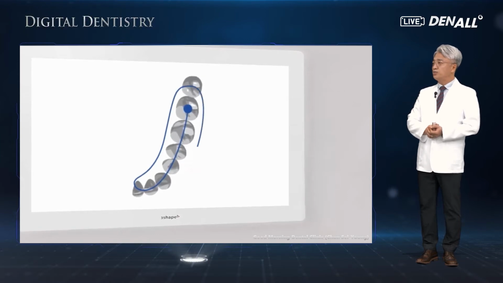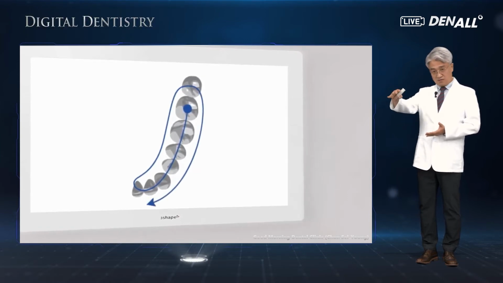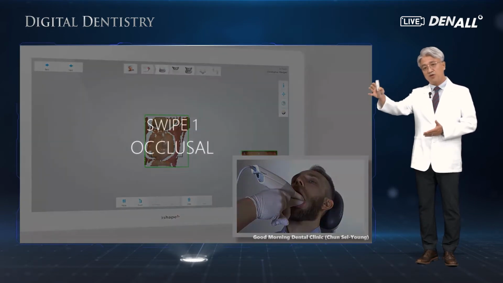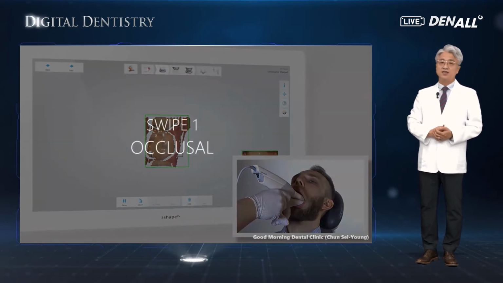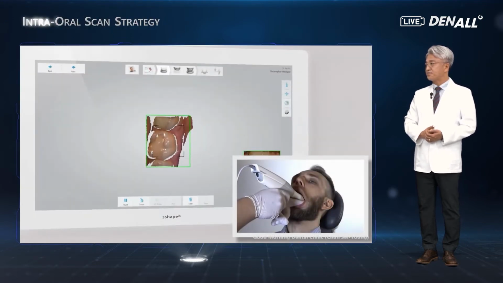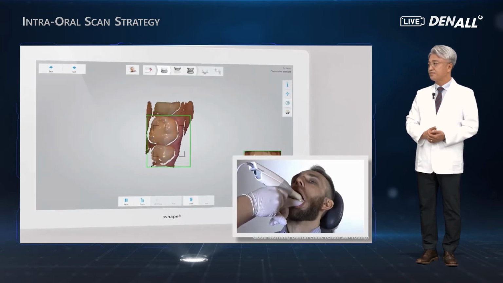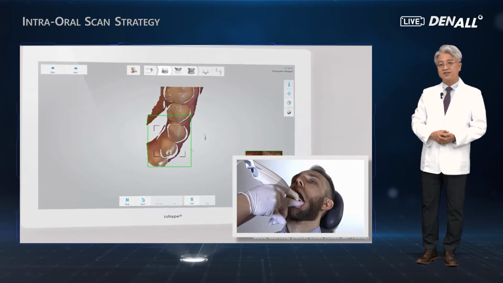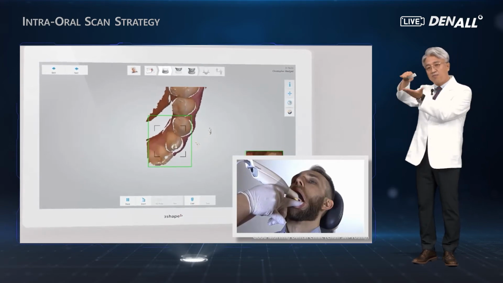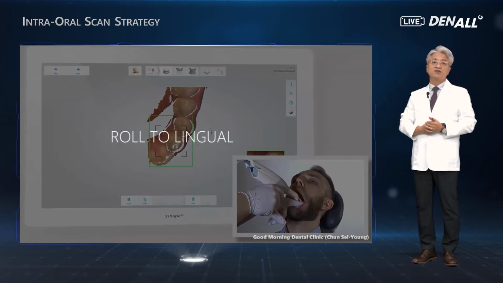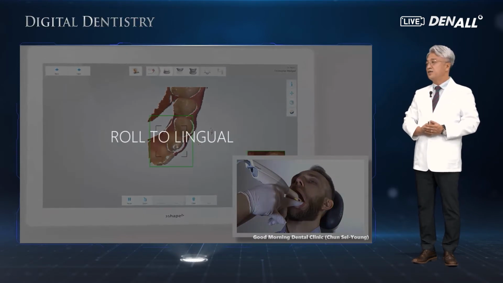Scanning starts from the posterior occlusal surface, then lingual and to buccal at the posterior to acquire data. To scan the posterior occlusal surface, run the scanner parallel to the surface to get precise data.